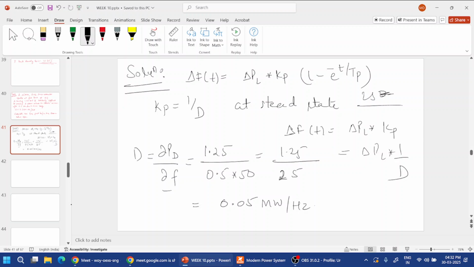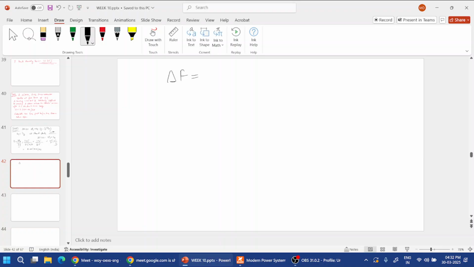And the load change, we already know here. How much load changes suddenly? 25. Okay, the load change here is del P. Del F is equal to how much? Del P, it is 1.25 multiplied by D, which is 1 by 0.05. Based on that, we can calculate. Actually, some of the things I assume in this question is missing.